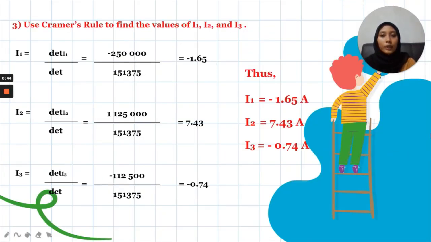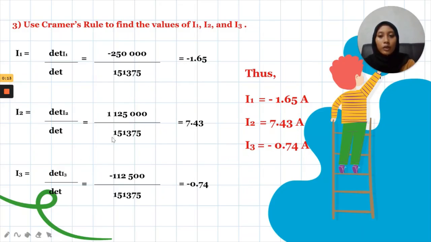So by using Cramer's rule, we use all this information that we get from the determinants. For example, for I1, determinant I1 divided by the coefficient determinant, and we get the answer negative 1.65, and for I2 7.43 and negative 0.74.